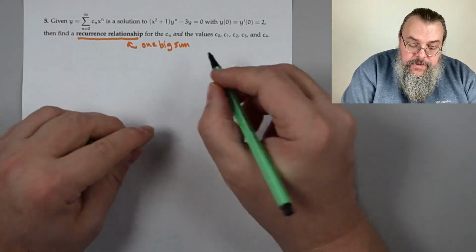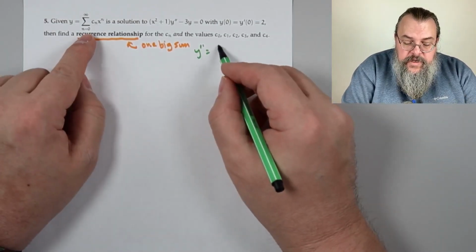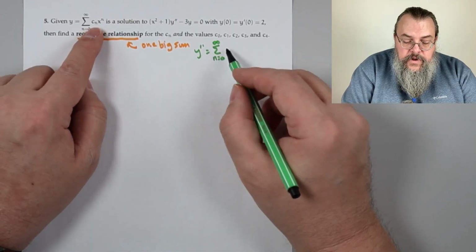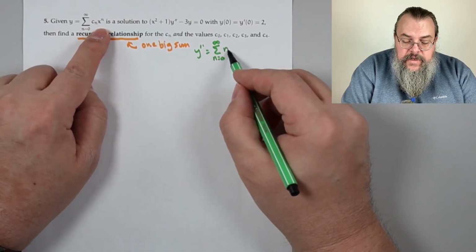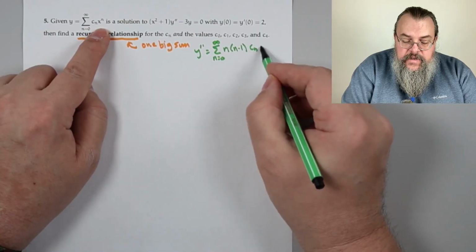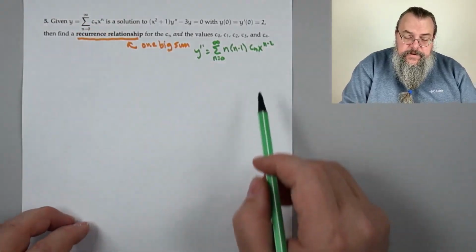So y double prime, well, that's like taking 2 derivatives. So what would happen is you'd take an n down, then the next time you bring an n minus 1 down, Cn x to the n minus 2. Okay, so that's for reference.